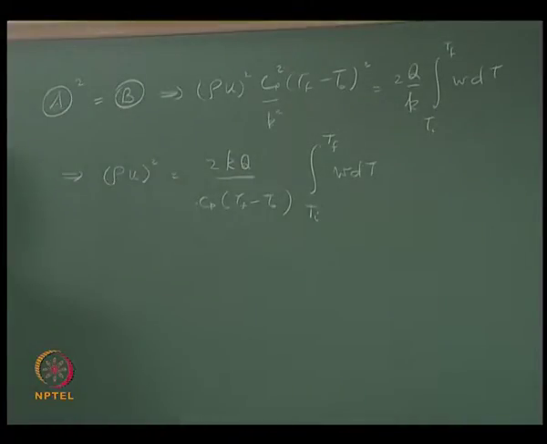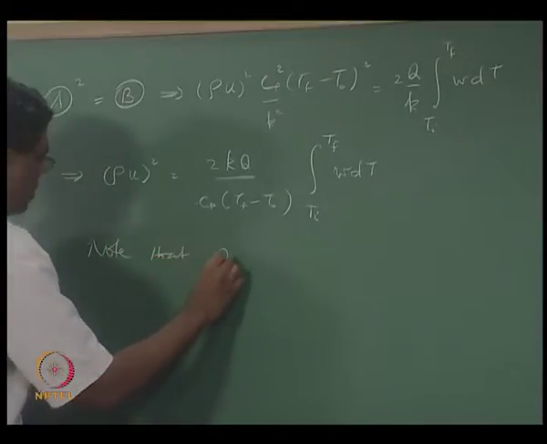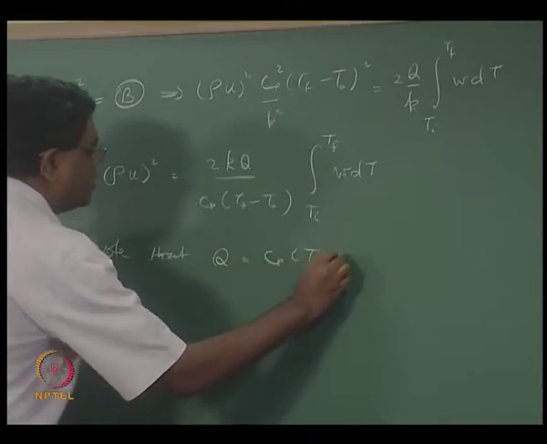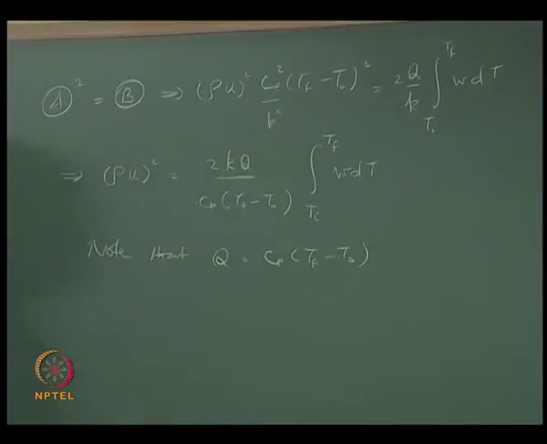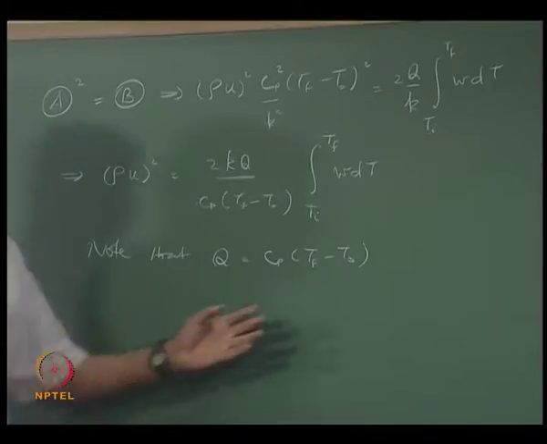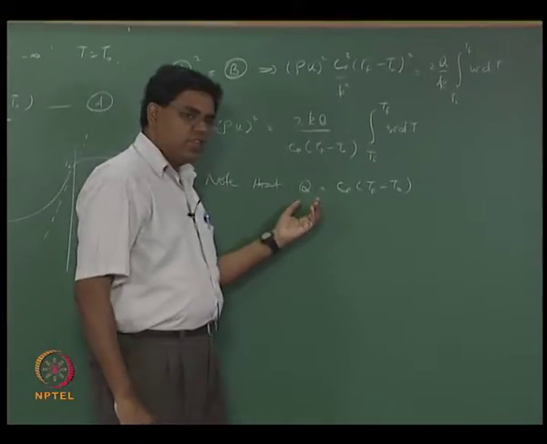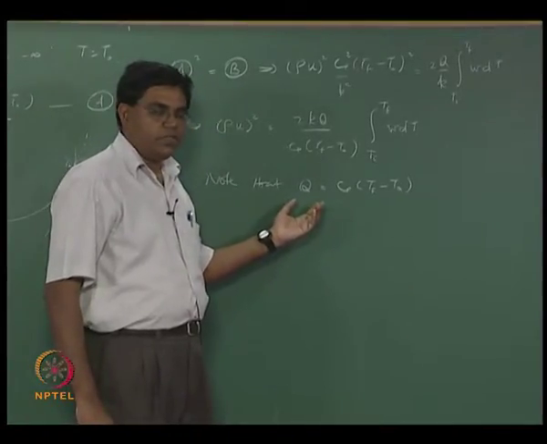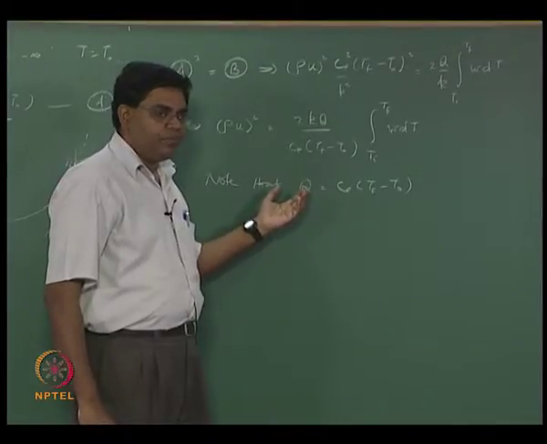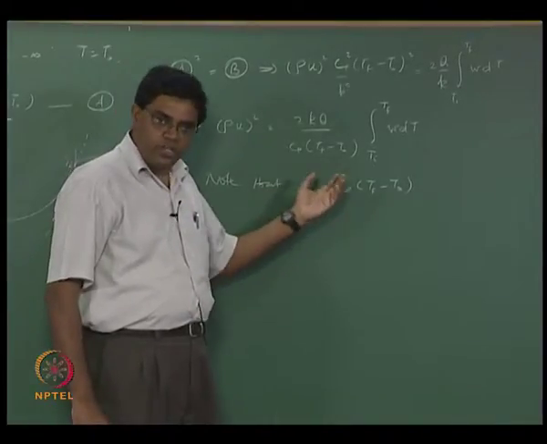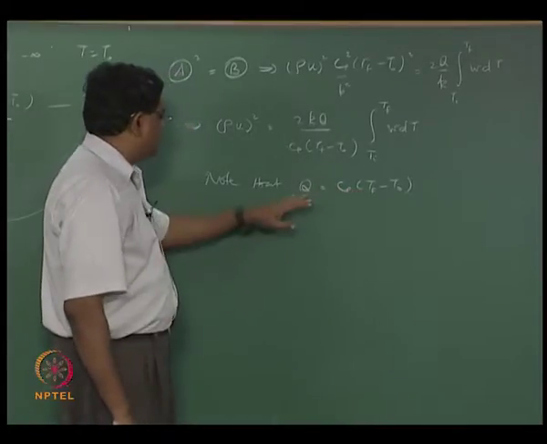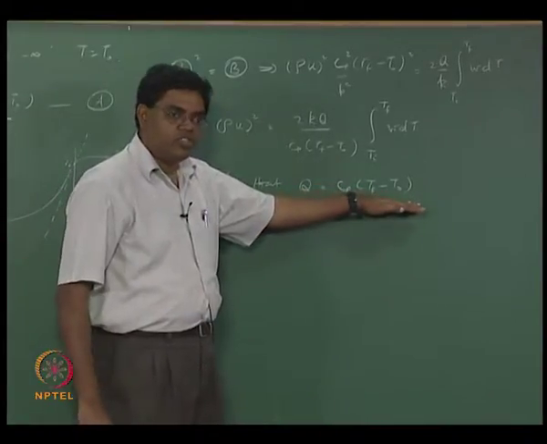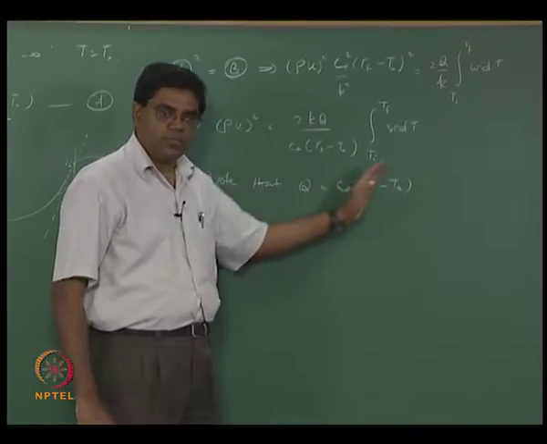Now note that Q equals Cp (Tf minus T naught). This is the adiabatic energy balance. So this was the heat released in the chemical reaction, which is essentially the negative of the difference in the summation of standard heats of formation of products and of the reactants, and this is the sensible enthalpy rise of the mixture between initial and final temperatures, right.